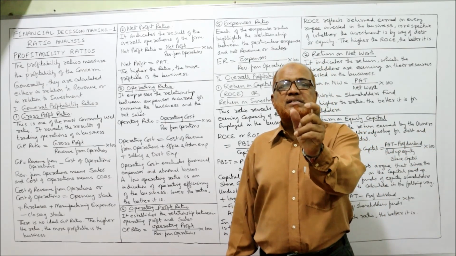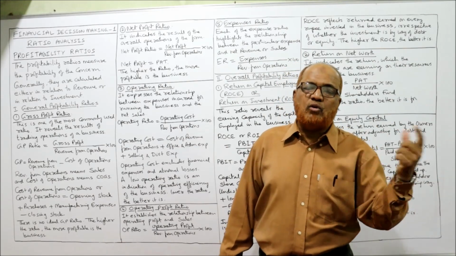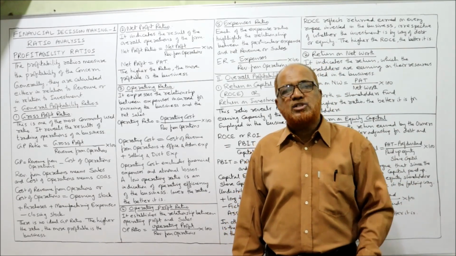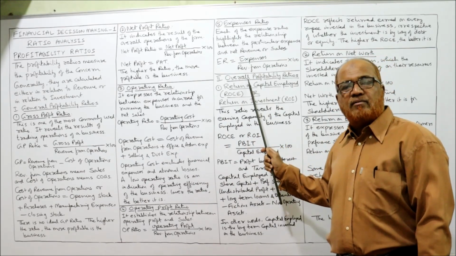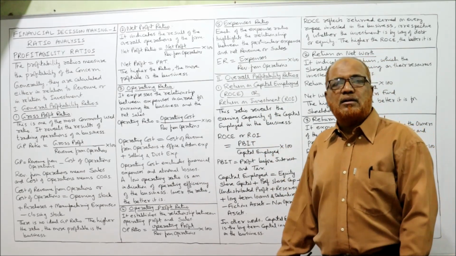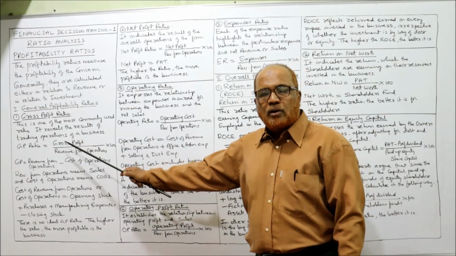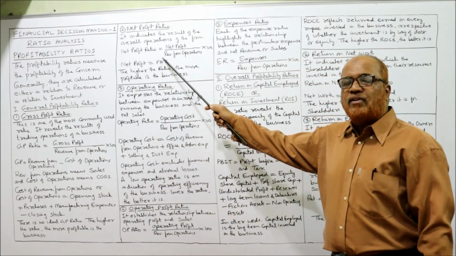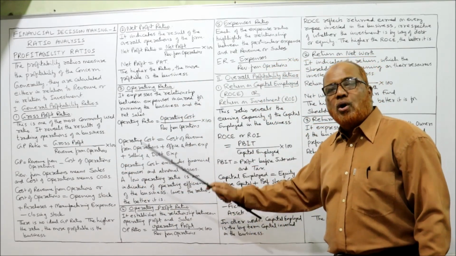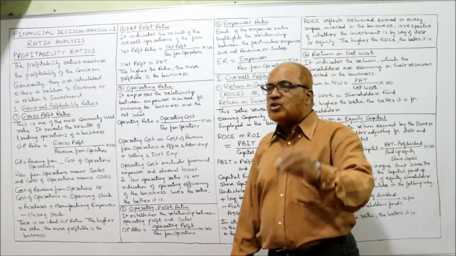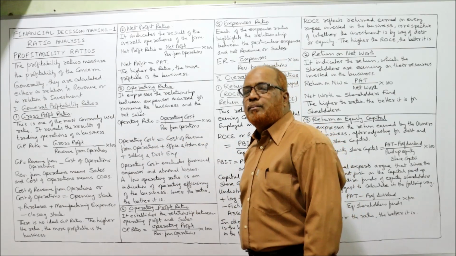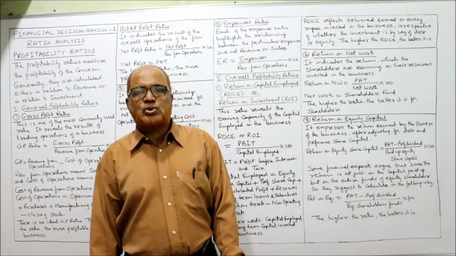Every expense is related to revenue from operations. That is called expense ratio. The formula is expense divided by revenue from operations into 100. So these five, gross profit ratio, net profit ratio, operating ratio, operating profit ratio, and expense ratio, are called general profitability ratios.